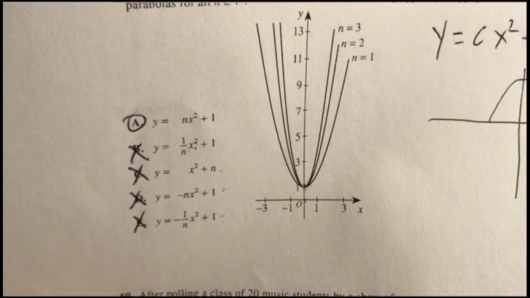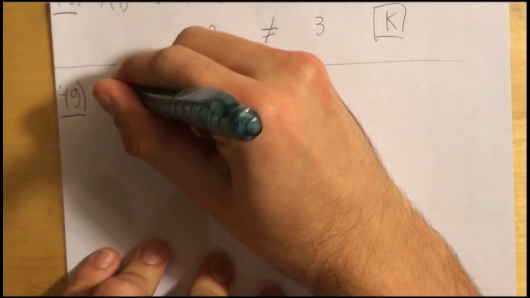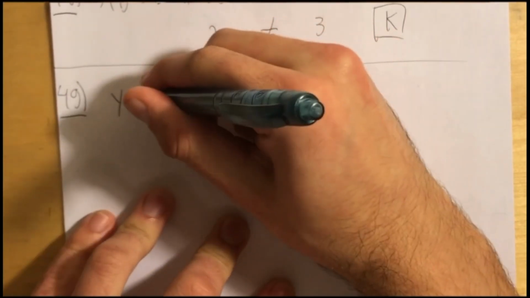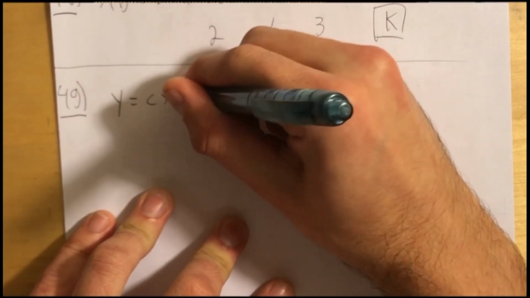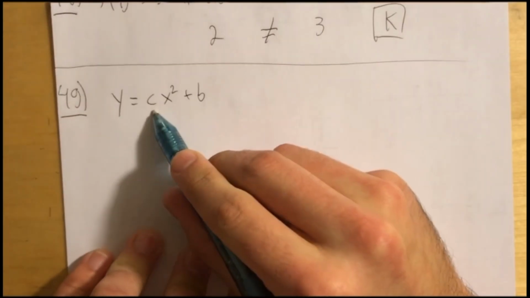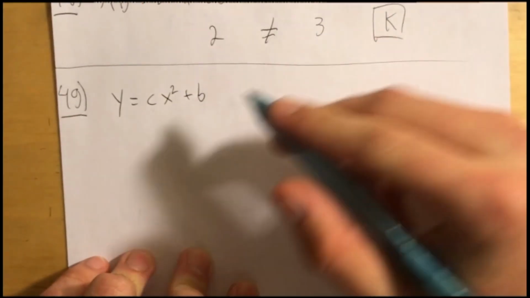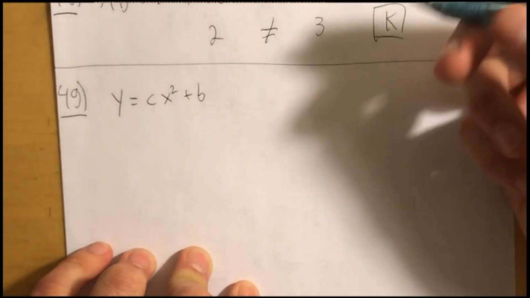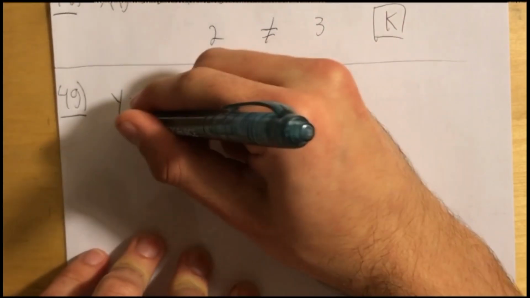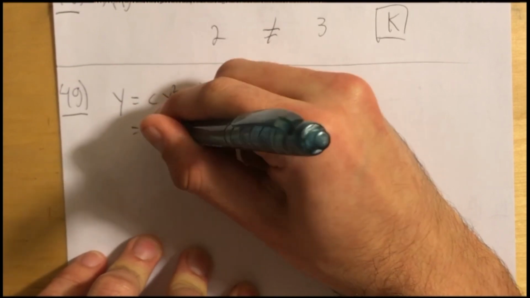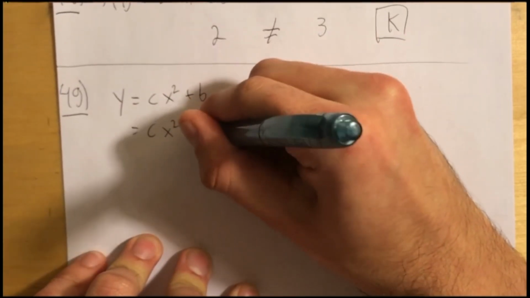Alright, so when analyzing this graph right here, we notice that the y-intercept happens at y equals 1. So then, if our general equation for our parabola is c x squared plus b, where c is any constant, it could be negative, and b is the intercept, we know that now it's going to have to be c x squared plus 1.